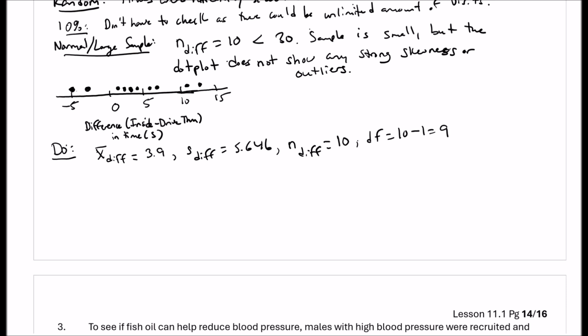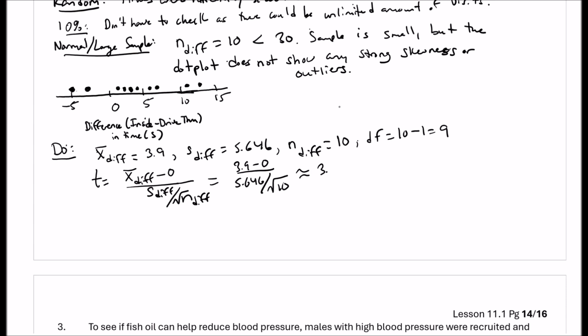All right, so let's go ahead and show how to do the p-value on the table using this and the t-score, but we're also going to calculate the p-value as well. Let's calculate the t-score first. So t is equal to x bar difference minus 0 over s difference over square root of n difference. So we got 3.9 minus 0 divided by 5.646 divided by square root of 10.